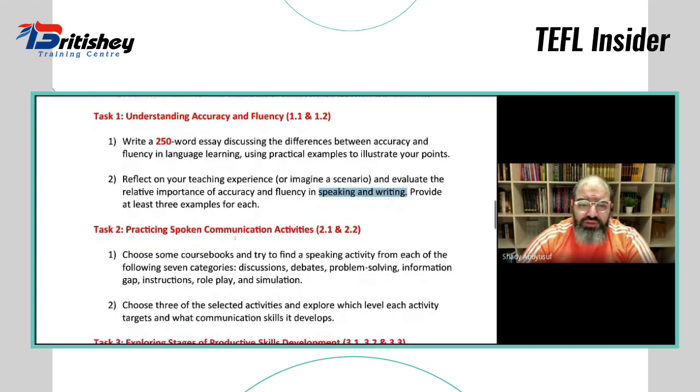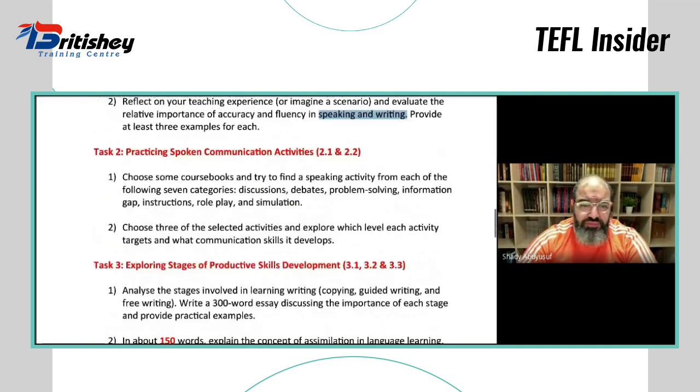Right. Now let's move to task 2, which is practicing spoken communication activities. Here it says, let's read one by one. Choose some course books and try to find a speaking activity from each of the following 7 categories.